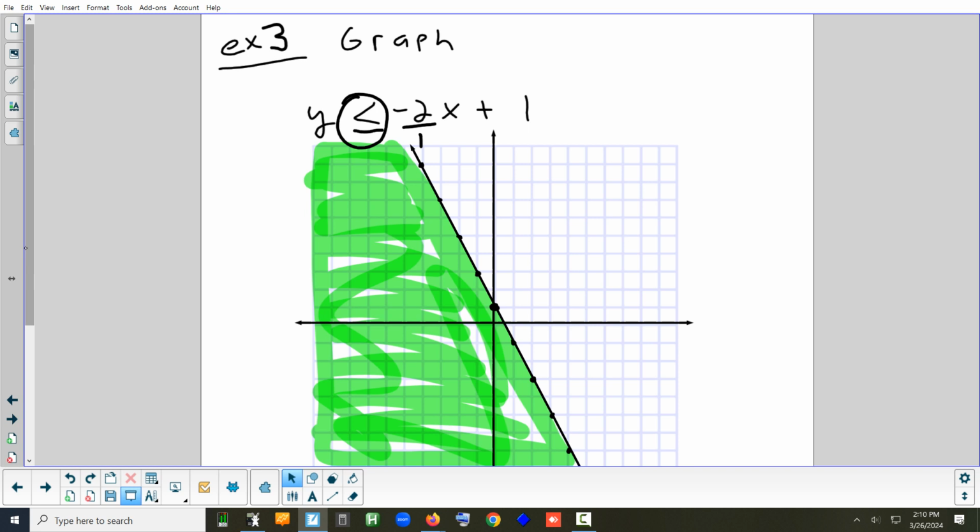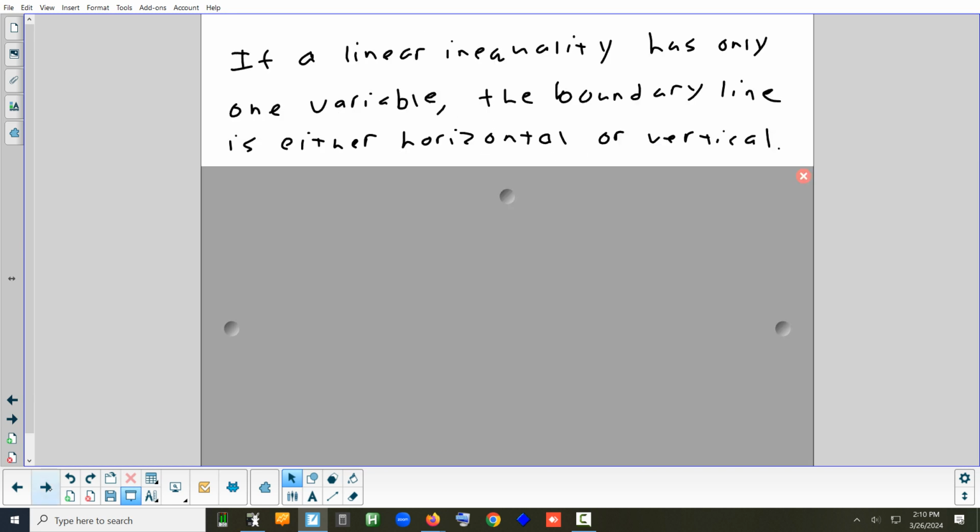So there's only one left, and that's the special case. I'm going to give you the notes on the special case. What kind of lines did I say were special cases? Straight up and down, and side to side. Those are the two special cases.